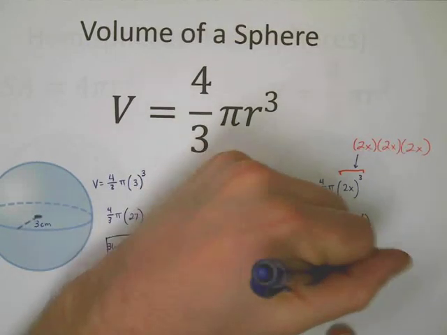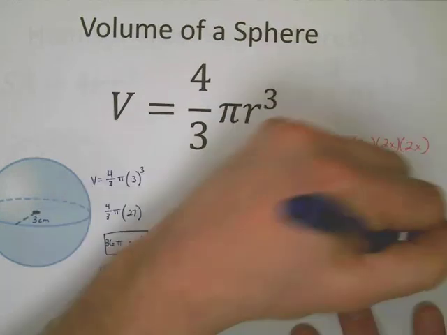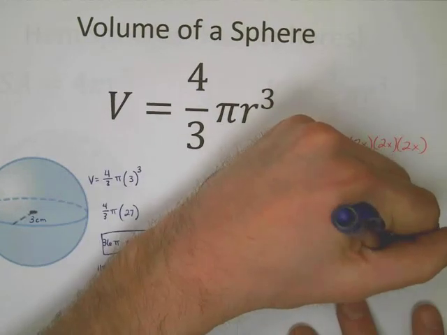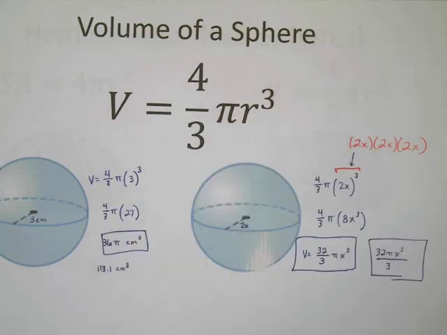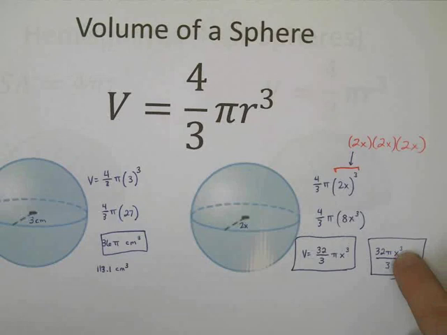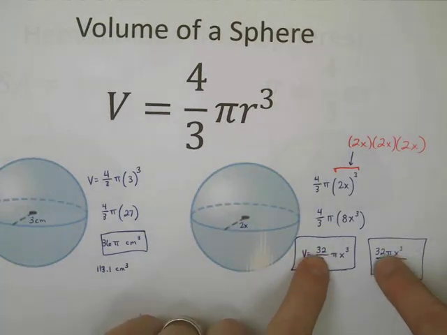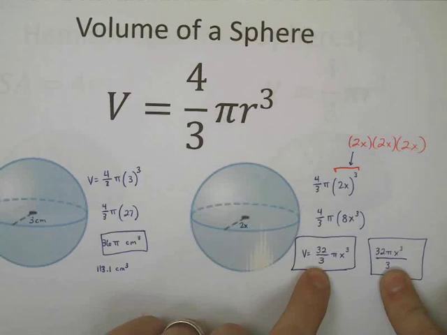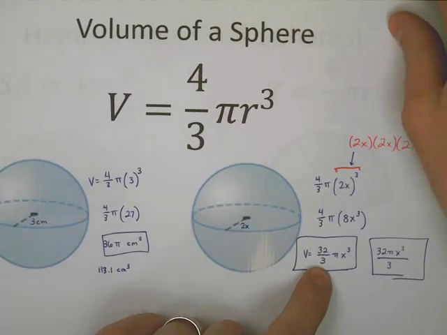So there's the volume. Now you see that the volume and the surface area aren't always the same, right? Another way I could write that, if you like it this way instead, 32 pi x cubed all over 3. That would be an acceptable way. That's the same exact thing. At some point in time, I'm taking x cubed, multiplying it by pi, multiplying by 32, and dividing by 3. All right, hopefully that makes sense.